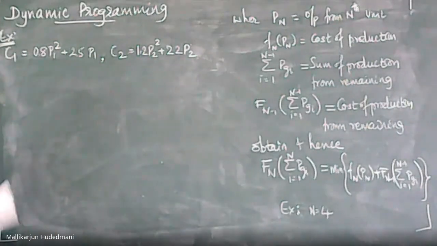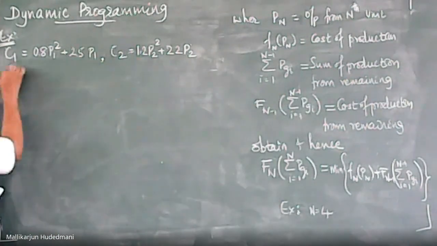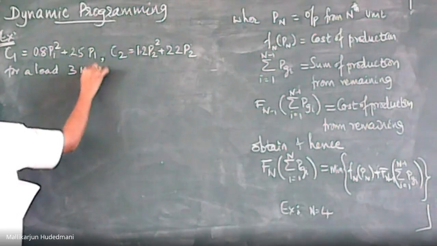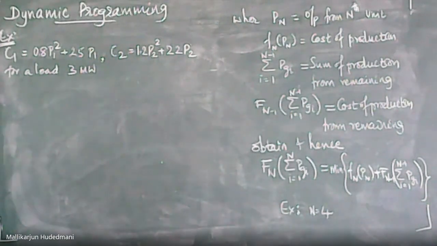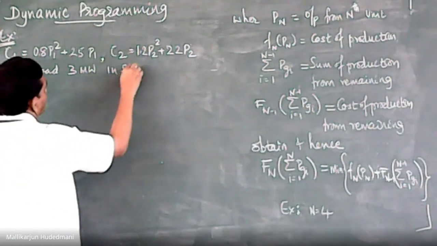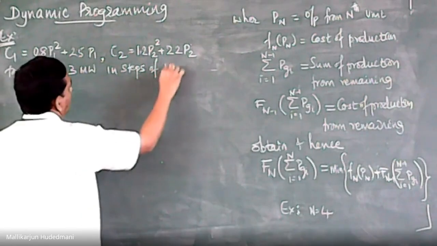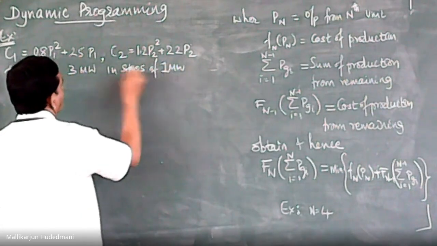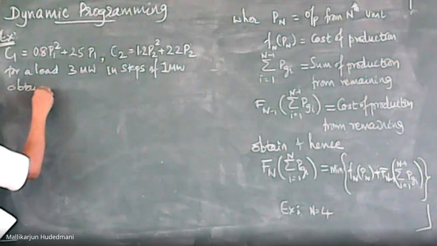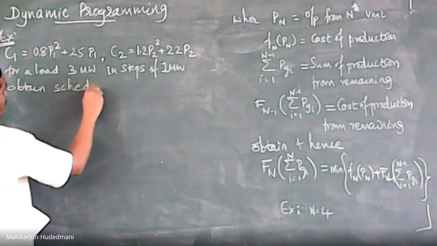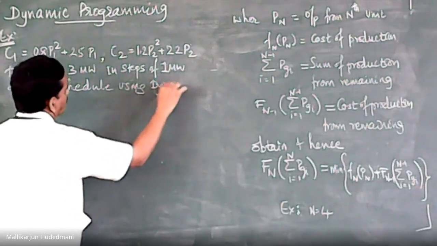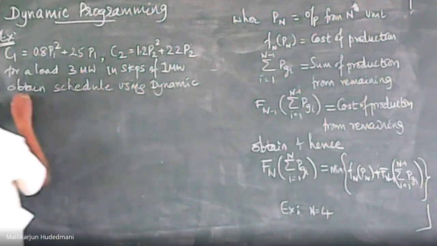For a certain load, for a load of PD, 3 megawatt, in steps of 1 megawatt, obtain the schedule using dynamic programming is the question.